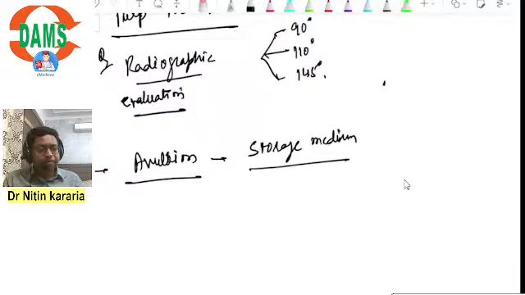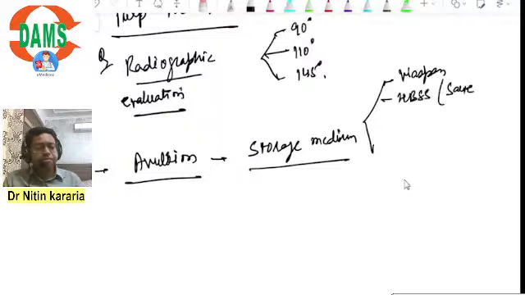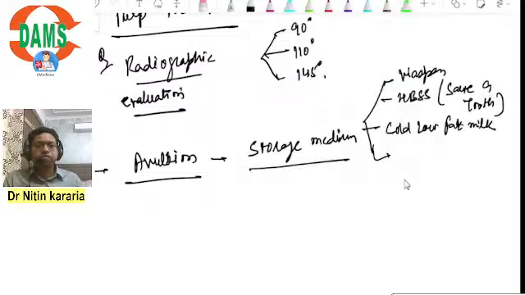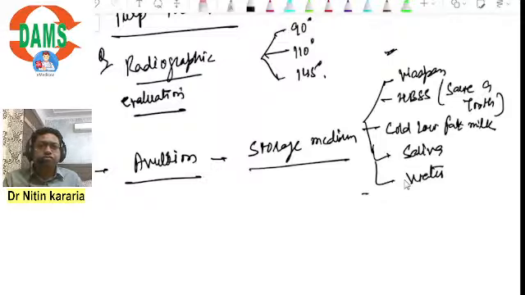The storage medium: wire span, HBSS, which is also available in the trade name of Save a Tooth, Hank's balanced salt solution, cold low fat milk, saliva, and water. From most favorable to least favorable, these are the storage mediums.